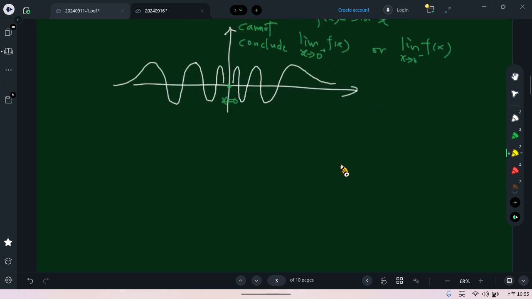Okay, so let me continue to introduce what a continuous function is. So far we already know how to judge if a certain point is continuous for some specific function, right?